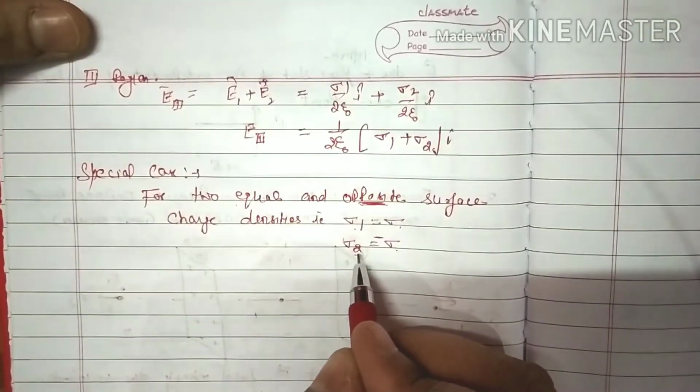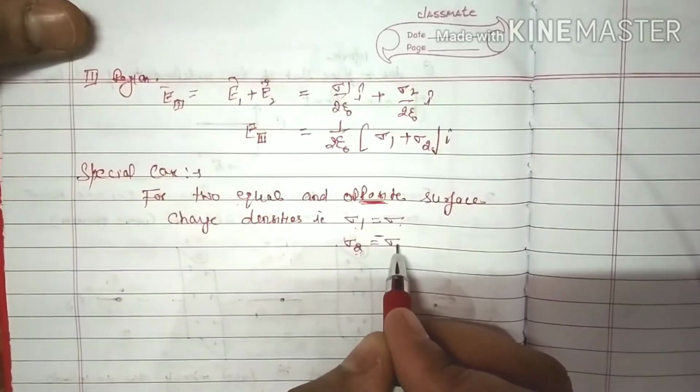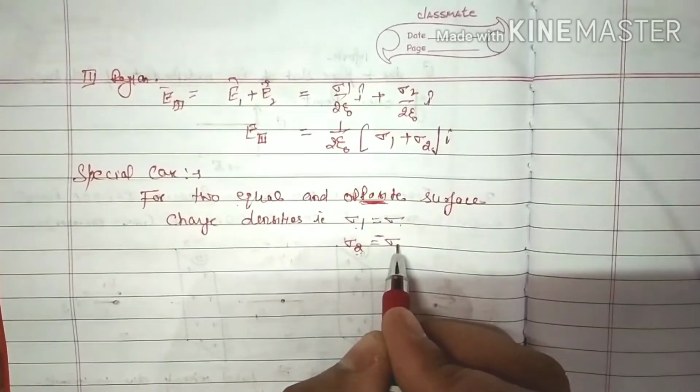So let us suppose sigma 2 is with the negative sign. These are two equal and opposite intensities.